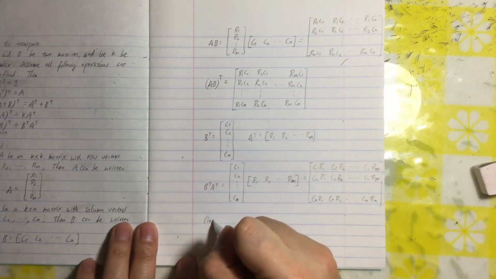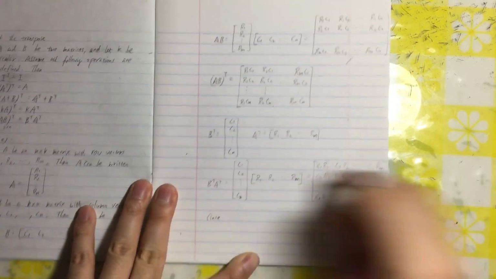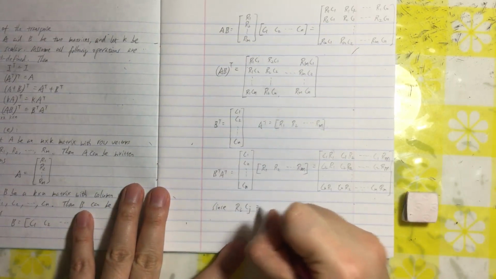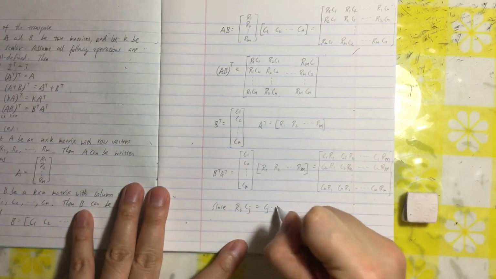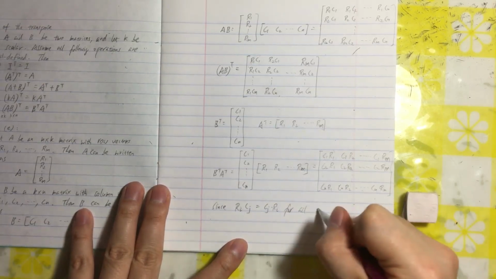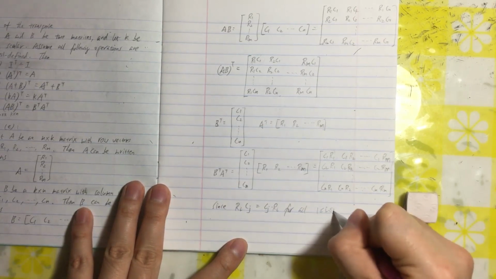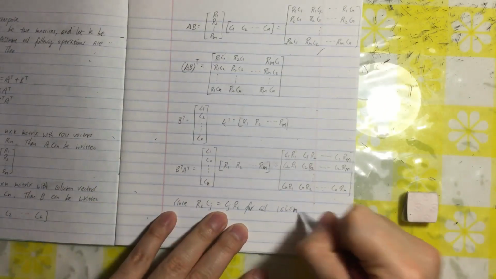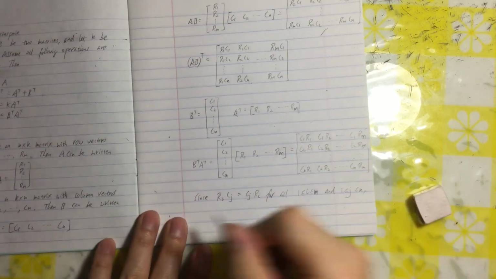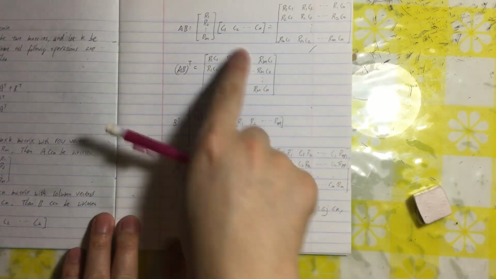Since Ri times Cj equals Cj times Ri for all i between 1 and m, and all j between 1 and n, we can see that these two matrices are exactly the same.